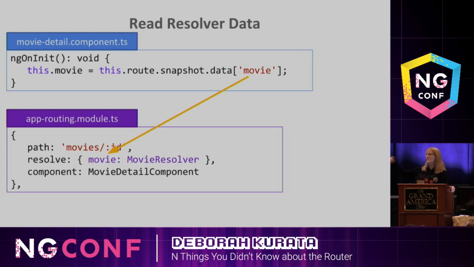So notice that we now are treating our data as, from our component's point of view, like it's a synchronous operation. So what does that mean? That means that our template no longer needs ngIf at the top to deal with the fact that we might not have gotten our data yet. It doesn't need safe navigation operators and so on, because we will have retrieved the data before actually even navigating.